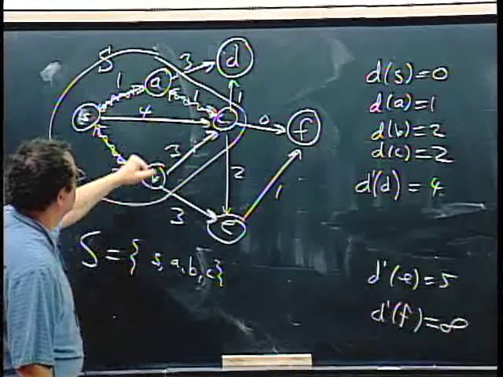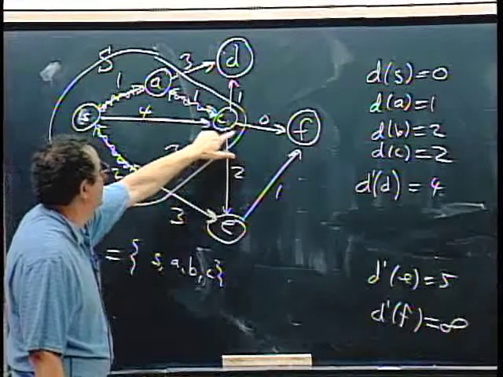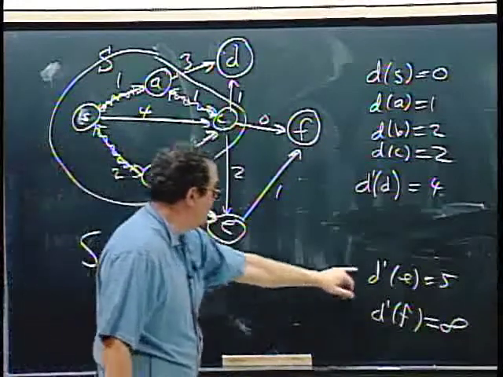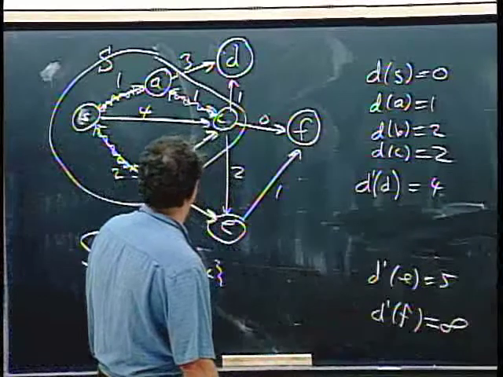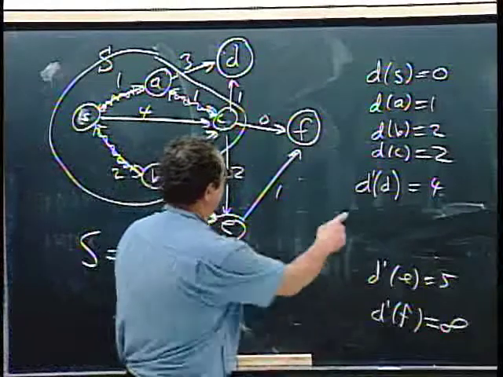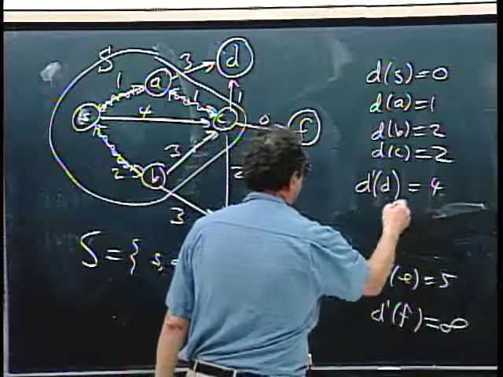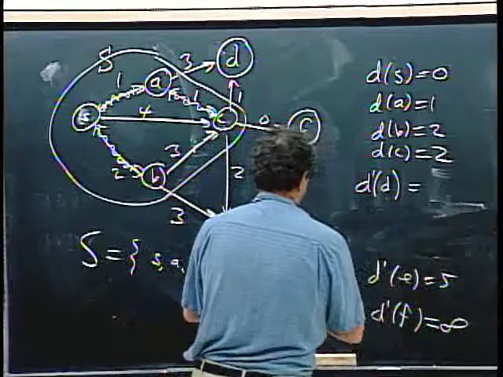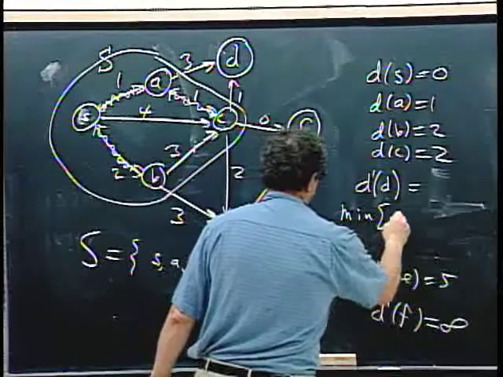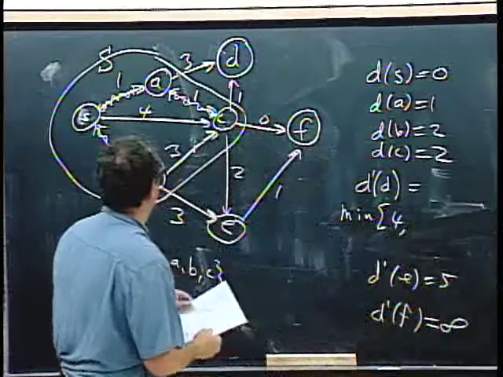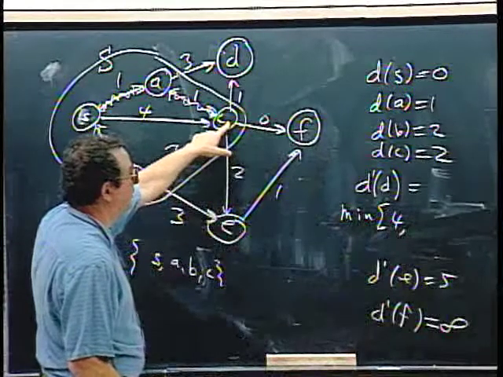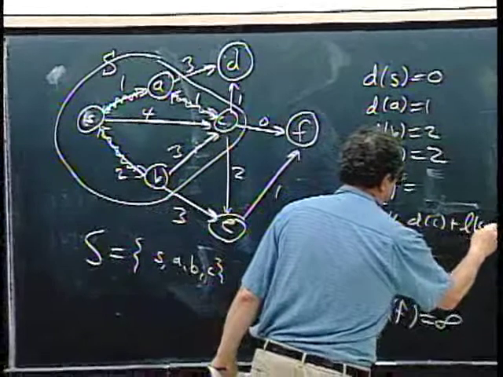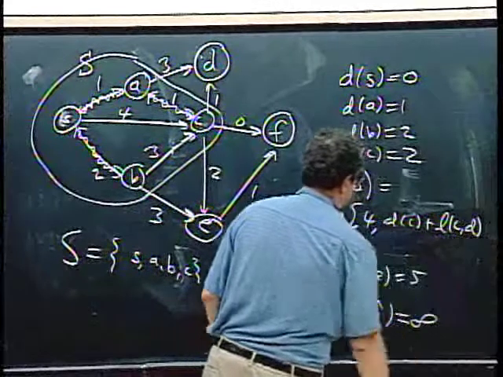Maybe I should take this one step further. Now that C has been placed in capital S, we can update the D prime values. D prime of D, what is that now? It's the minimum. D prime of D becomes the minimum of what it was previously, which is 4, or one new possibility, new candidate, is the distance to C plus the length of the path from C to D. Okay?